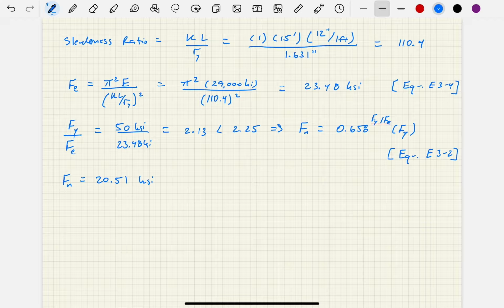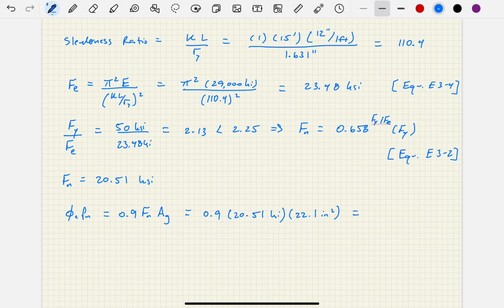So finally, we're going to substitute into our strength equation, Phi CPN, and we're going to get that as, of course, that was 0.9 Fn AG, and so that's going to be 0.9 times that 20.51 KSI that we just determined times 22.1 square inches.